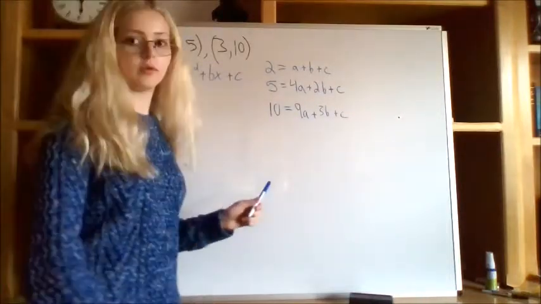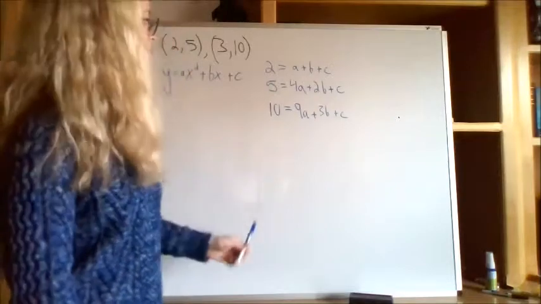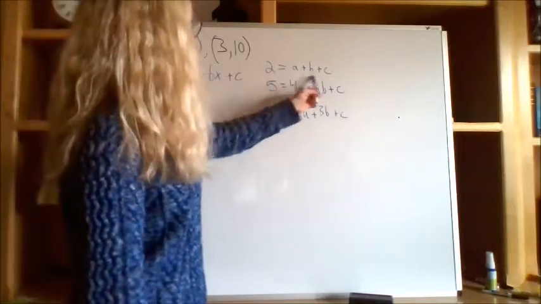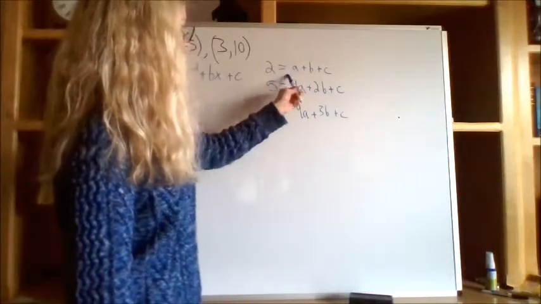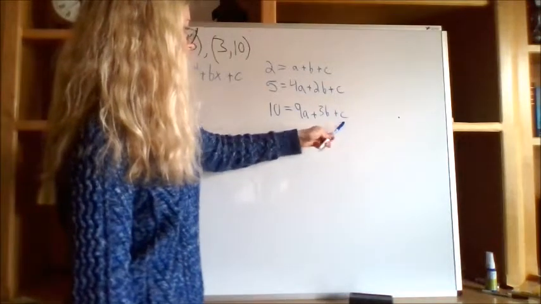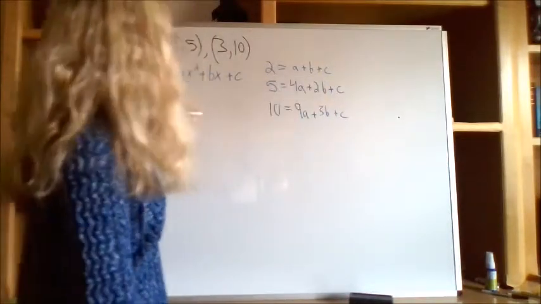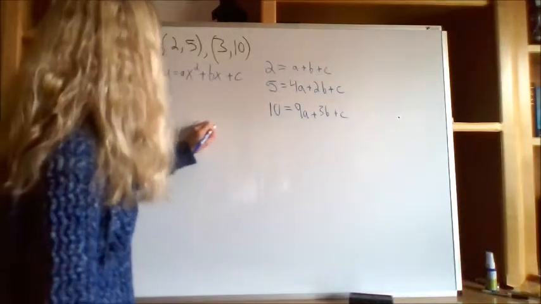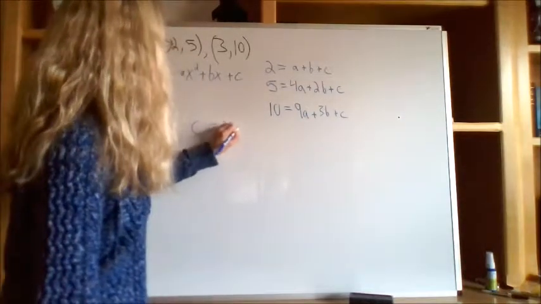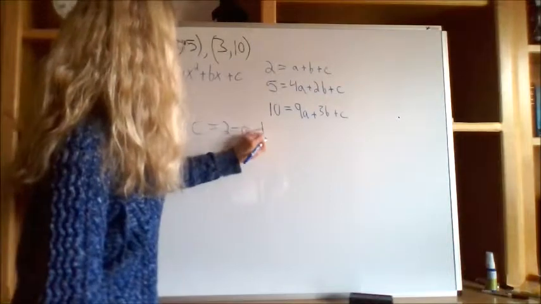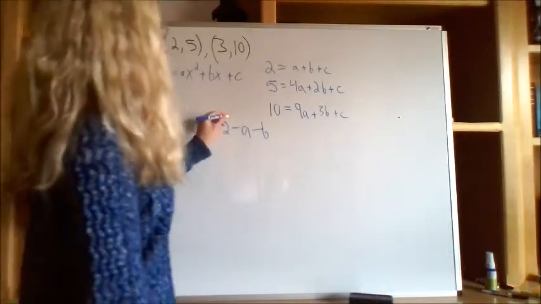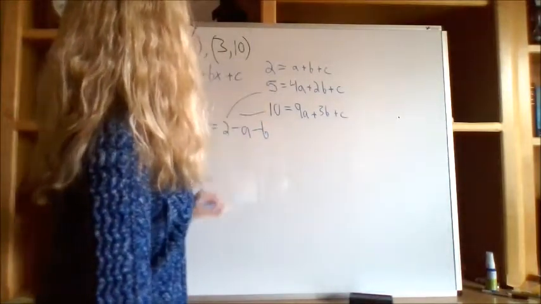So if we want to do this by substitution, we see that we can solve for one of these variables very easily, c. So if we solve for c here, we get c equals 2 minus a minus b. So we can plug this in to these 2 equations.